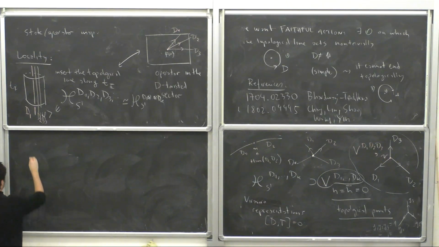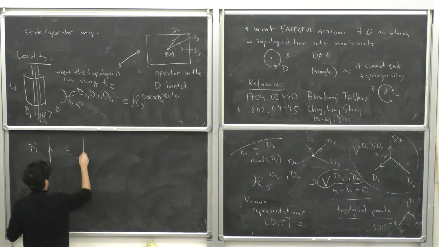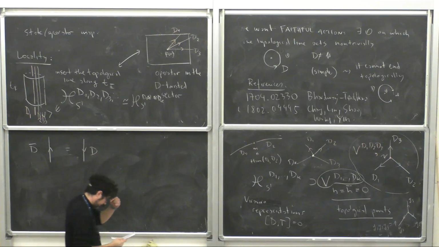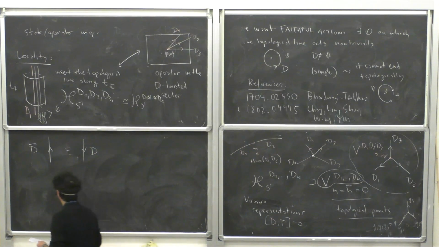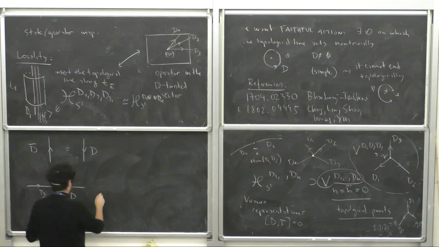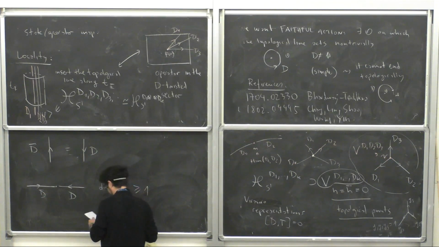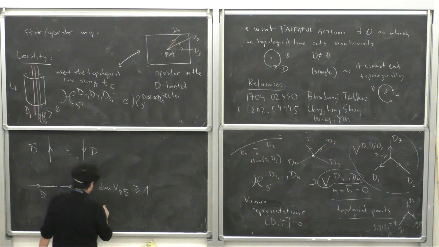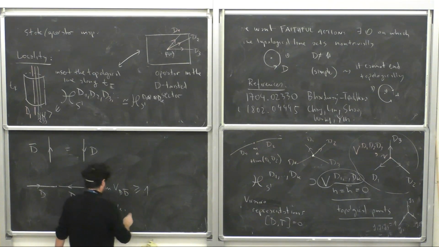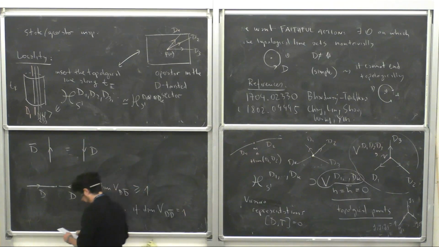So you can always take a D bar, which is the opposite orientation of D. And in general, if you consider the space of possible junctions between D bar and D, the dimension here will be greater than or equal to 1. And the defect is simple when this dimension is 1. It's a more refined notion.